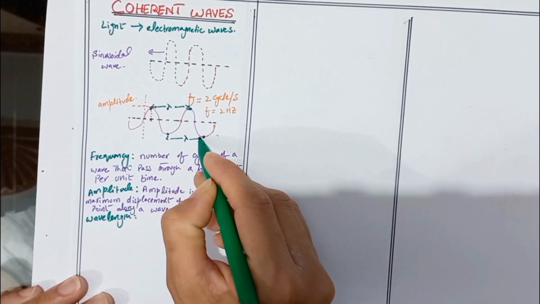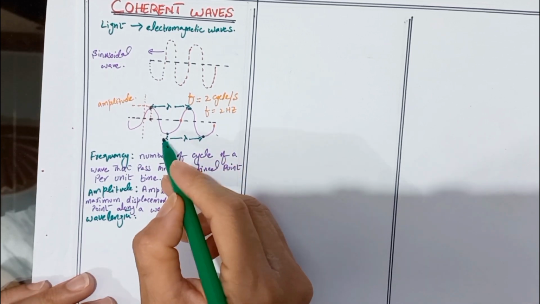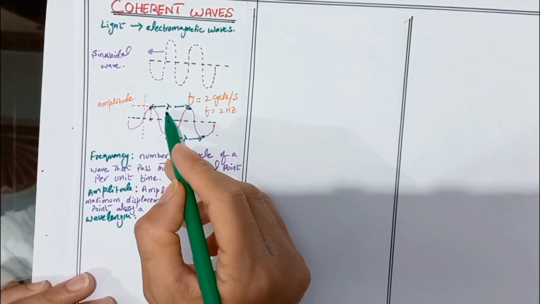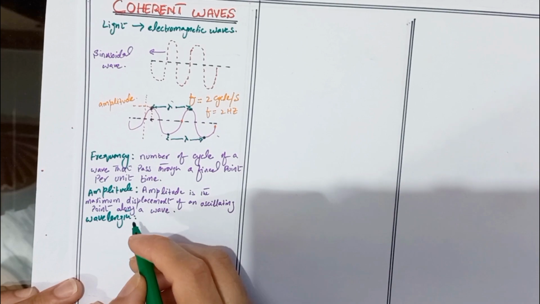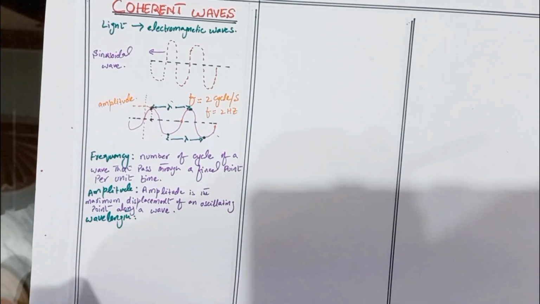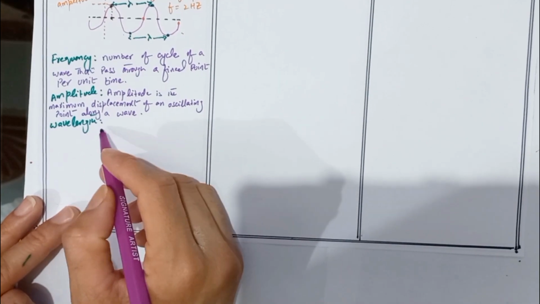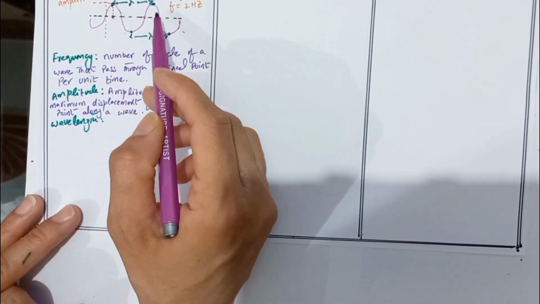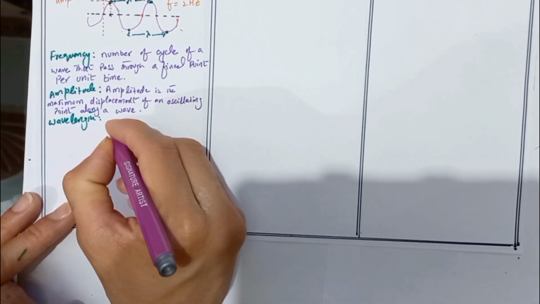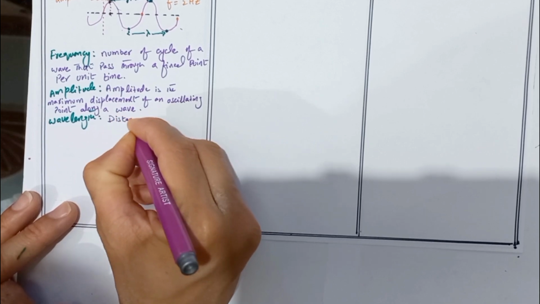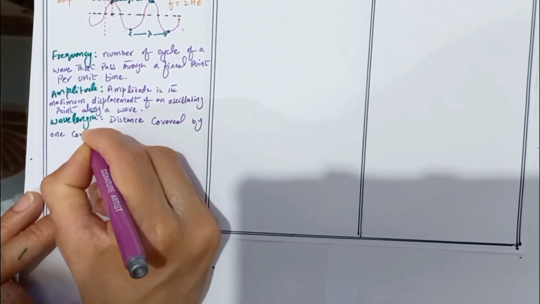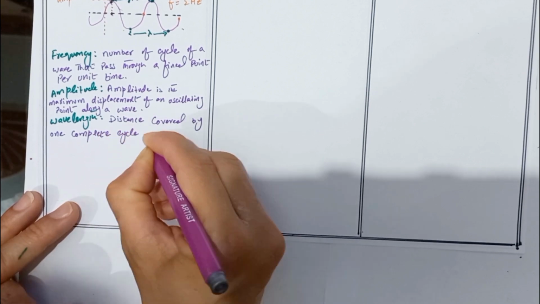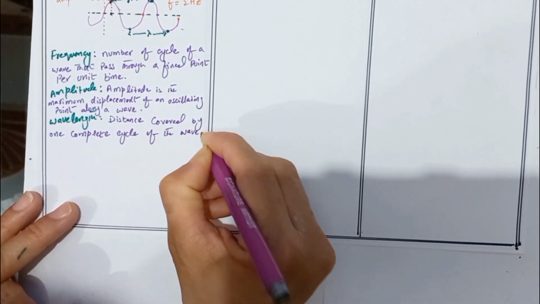This distance covered by one complete cycle of the wave is known as wavelength, denoted by lambda.